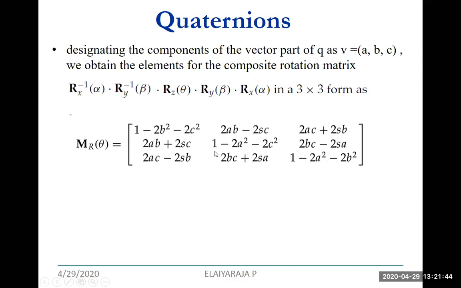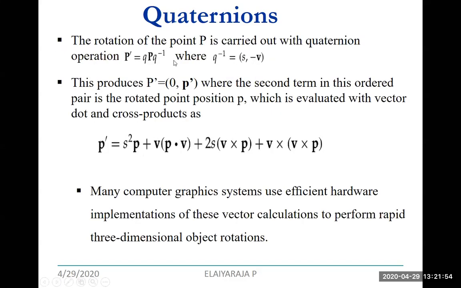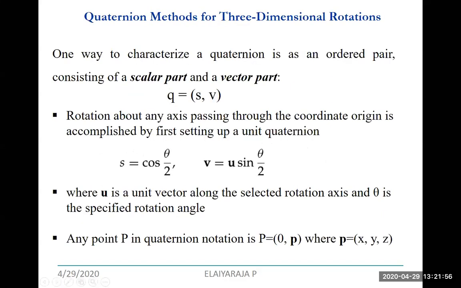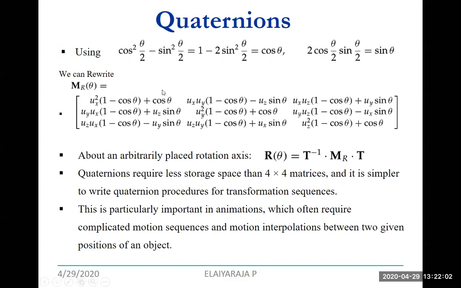Then further, using cos square theta by 2 minus sin square theta by 2, where we mentioned the scalar as well as vector part values, you can write cos square minus sin square theta equal to 1 minus 2 sin square theta by 2 equal to cos theta.